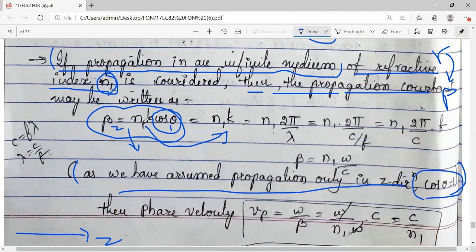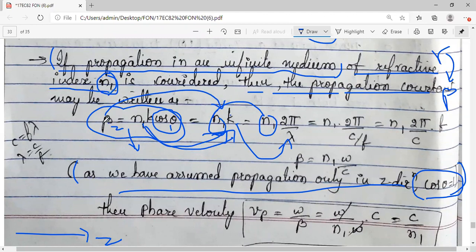Because of that, let me take only this n1 into k. Suppose this is the case, then how further can I write this? n1 as it is. Instead of k, which is nothing but your propagation constant term 2 pi by lambda, because beta is nothing but n1 times k. n1 is the refractive index, so k value and beta value will be almost the same.